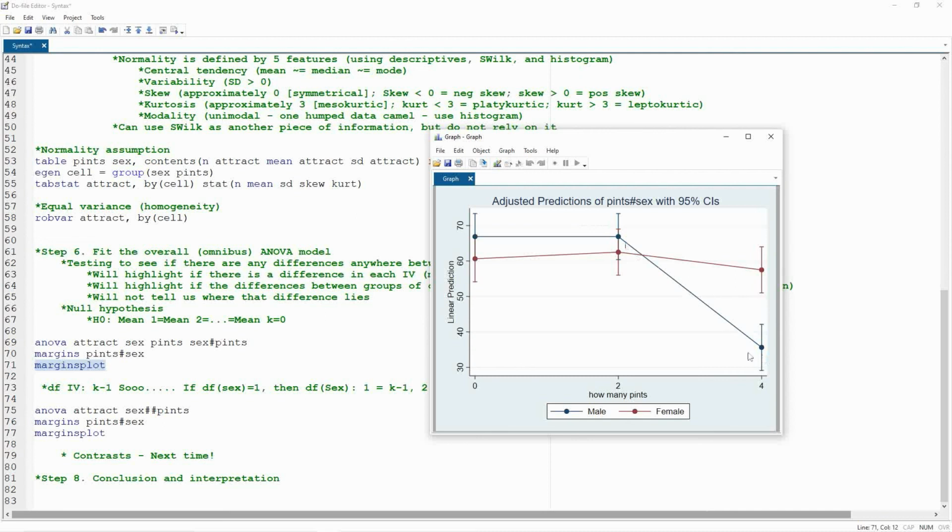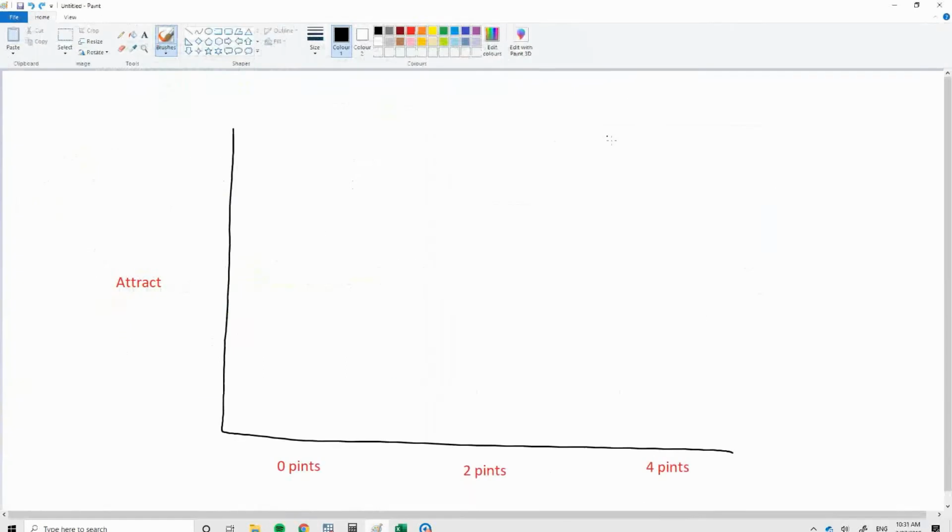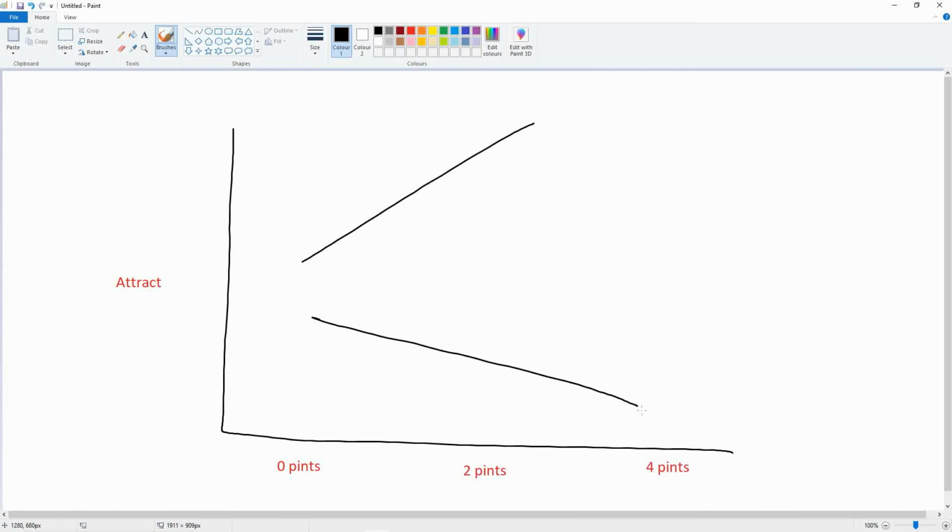Okay, so this is what we call a disordinal interaction, where our lines cross over. If our lines don't cross over, so for example, in this scenario, eventually, yes, they will cross over. If I keep on going down, they will eventually cross over. But that's not what I mean by disordinal interaction. The fact that the lines will eventually cross over is just the definition of an interaction. Our lines are not parallel.